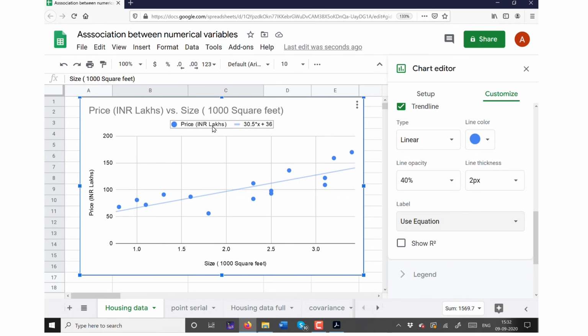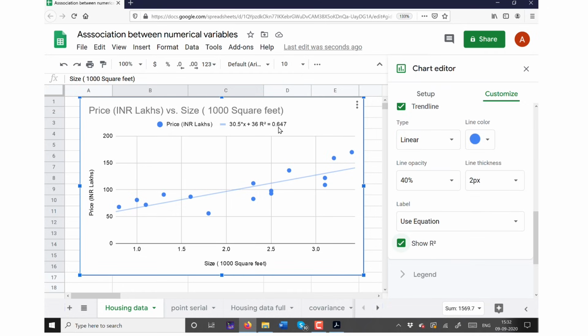This is of the type y equals mx plus c, which all of us know is the equation of a straight line. Further, I can also ask it to report the R square. It gives an R square of 0.647.